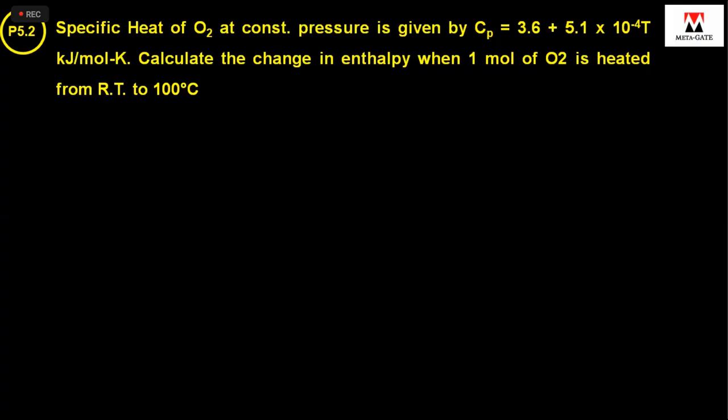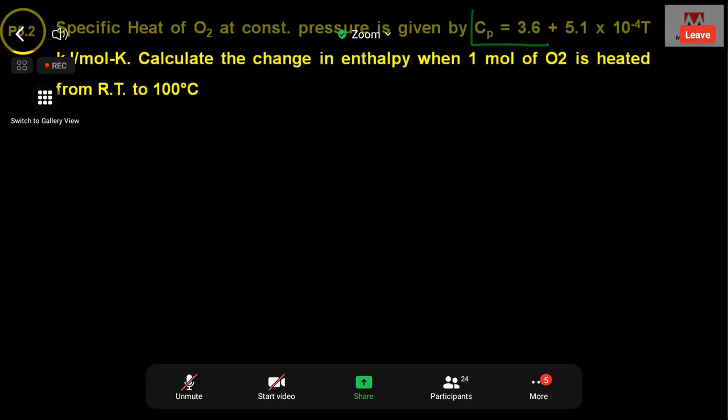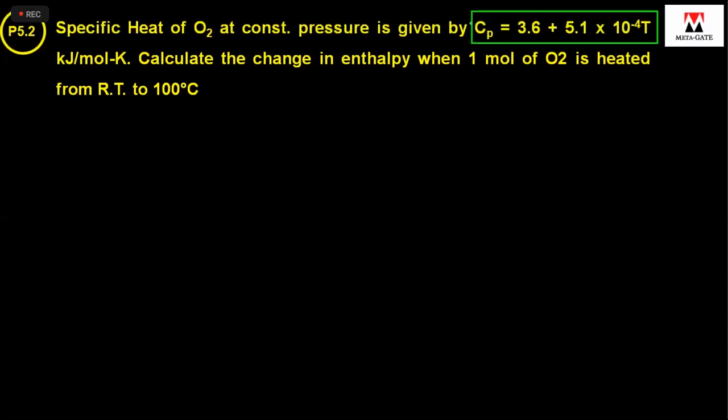Now, please understand here that the Cp value is given as a function of temperature. Now, whenever such questions are there, you have to be careful with the integration. Okay. So, I don't know what you have done so far. Let's see.